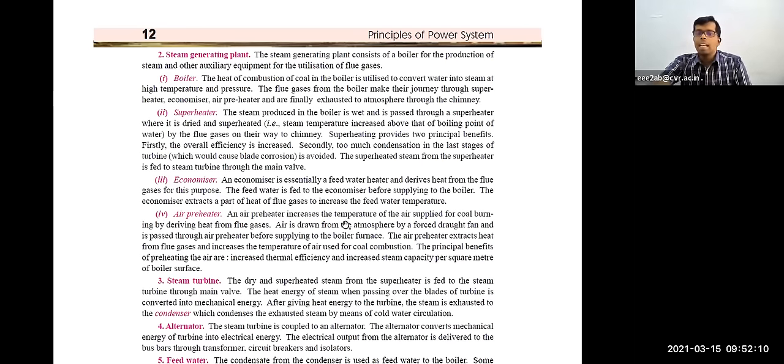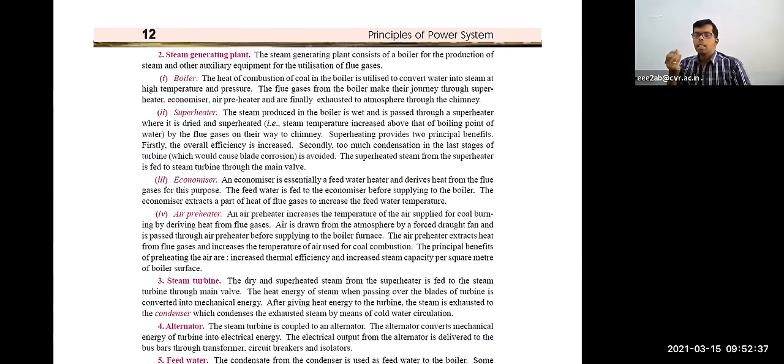The air from the atmosphere is taken from the draft fan, and after the draft fan it passes through the preheater before it is supplied to the boiler furnace. So we are giving hot air to the boiler furnace, so that the efficiency of the furnace will also increase.